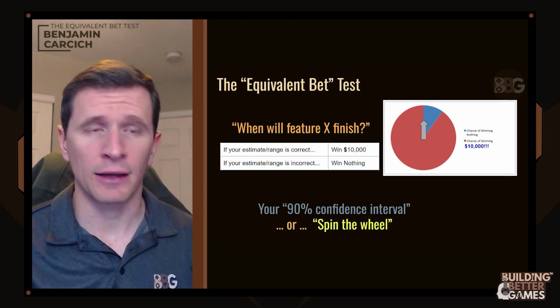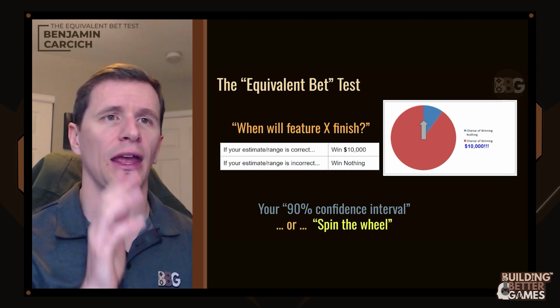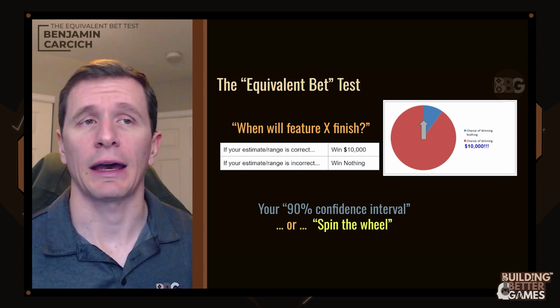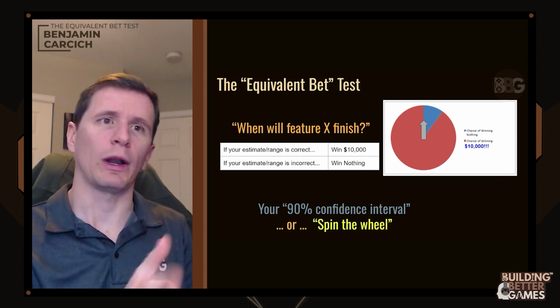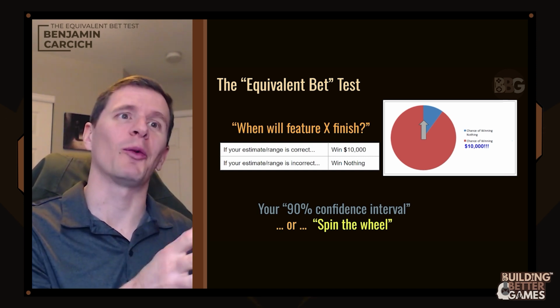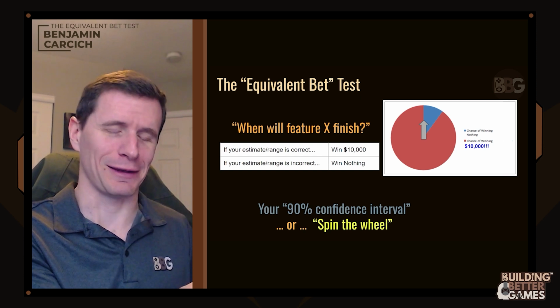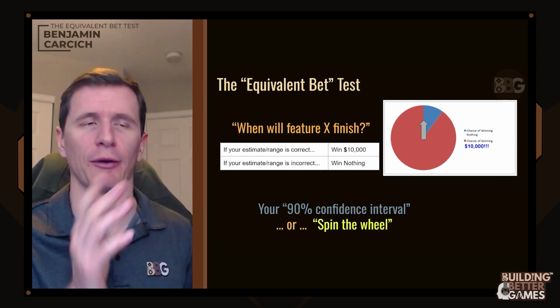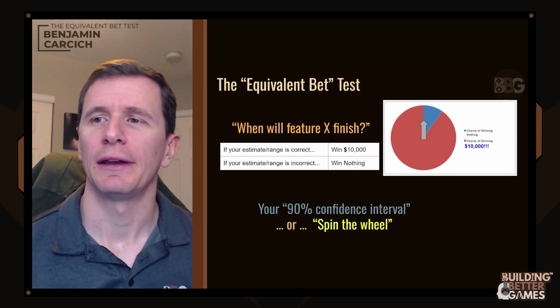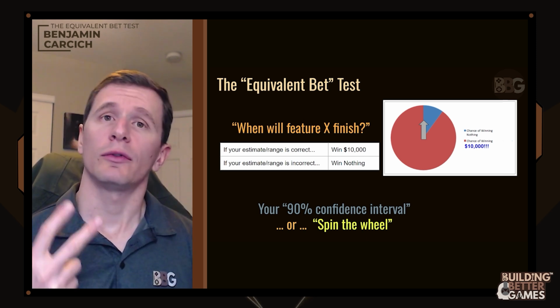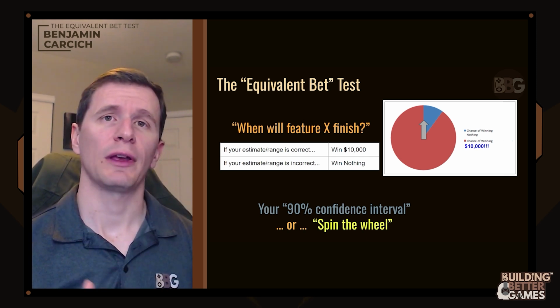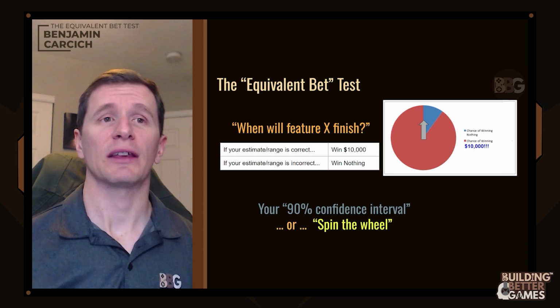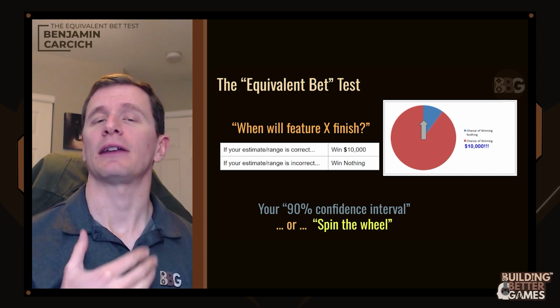And if it lands on red, you win $10,000. And if it lands on blue, you win nothing. But actually, let's say you don't win the money right now. You win the money when the project finishes. Whenever it finishes, if you spun the wheel right now and it was red, then you would get $10,000. So you have two options, and both give you a chance at winning $10,000 and a chance at winning nothing.